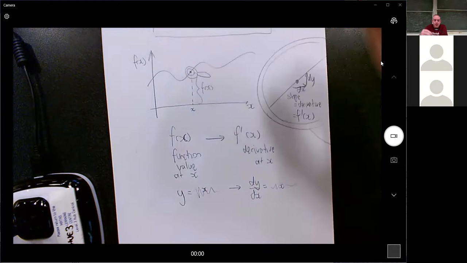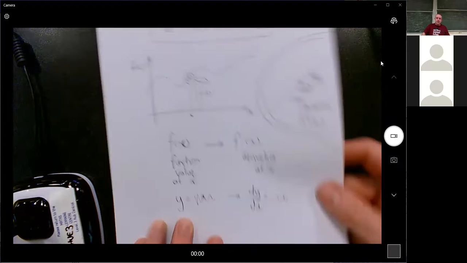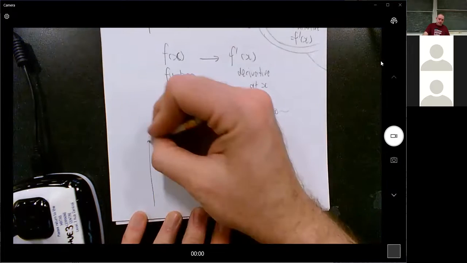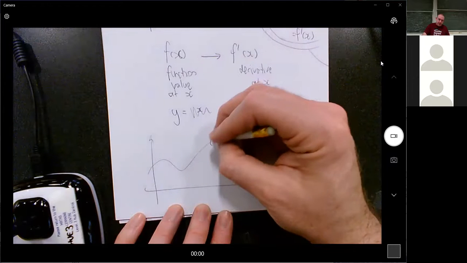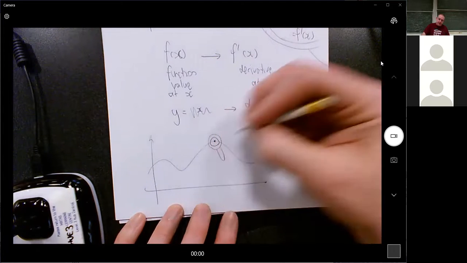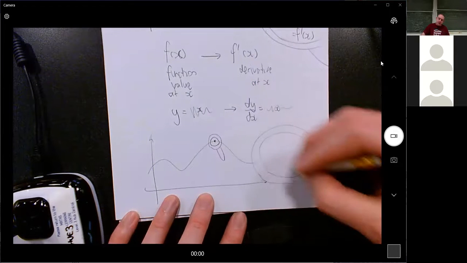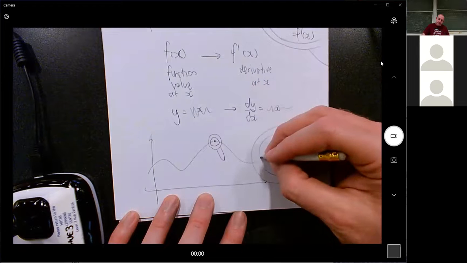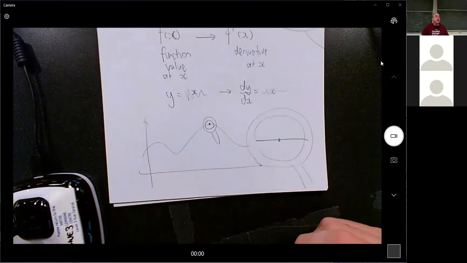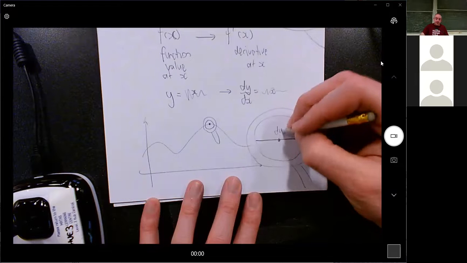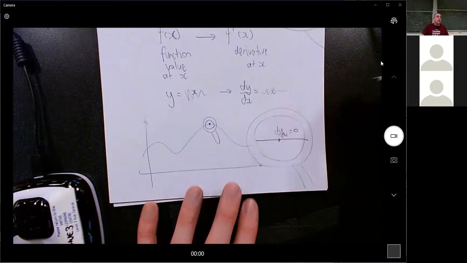that at a place like this, if I zoom in with my magnifying glass, it'll look like that. And here, dy on dx is going to be 0.